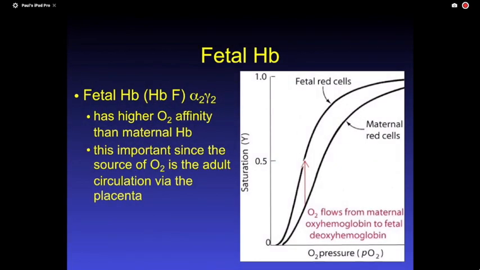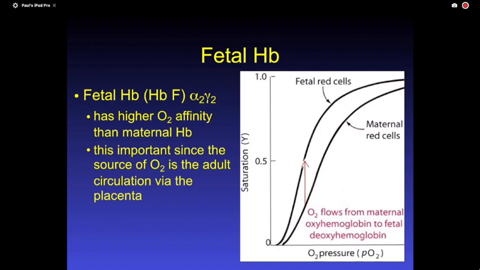Now, how does fetal hemoglobin get its oxygen from the maternal cells, the red blood cells? What happens is, in the fetal gamma subunits, okay, they're a little bit different than the beta subunits. Most of the positive charges in the BPG pocket come from the beta strand. If I switch it with the gamma strands, it has less positive charge.